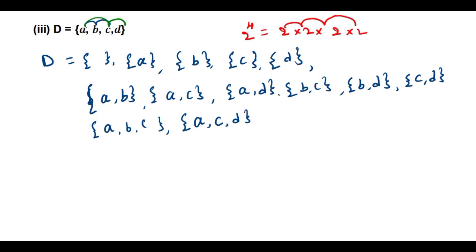Next one B C D. Can we write any other one from this? BCD written and ACD also written. ABD not written. Observe there: A comma B comma D. These three elements, A comma B comma D.